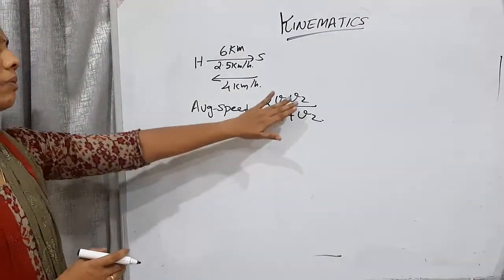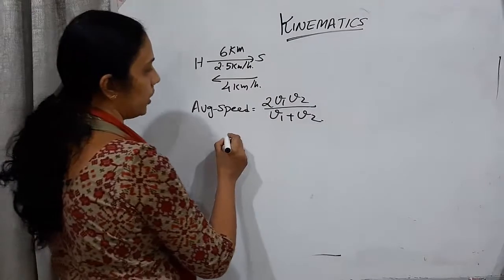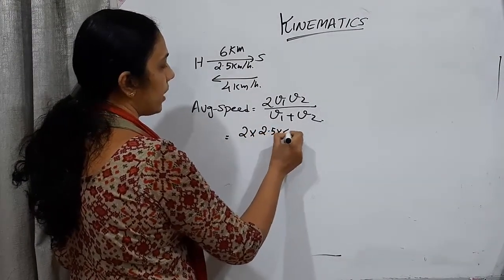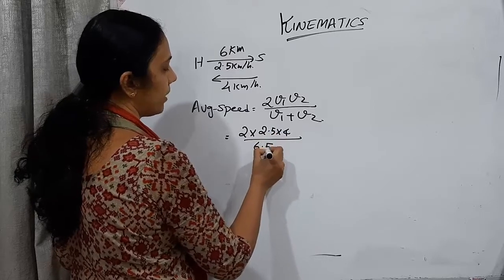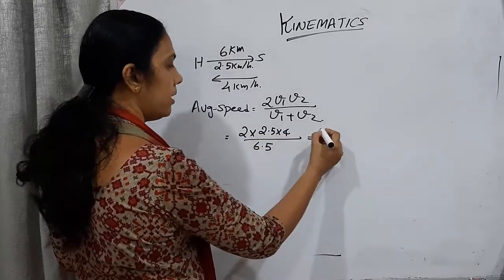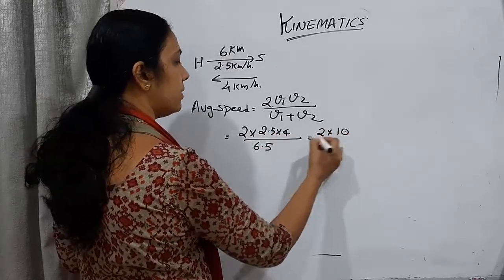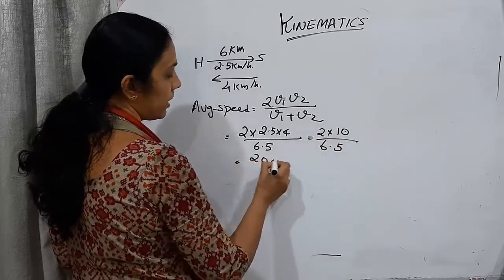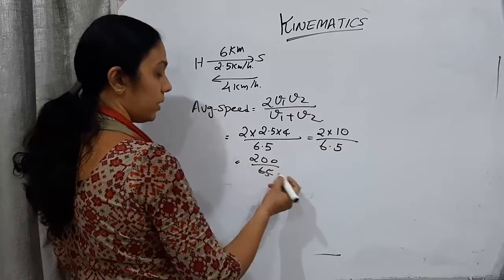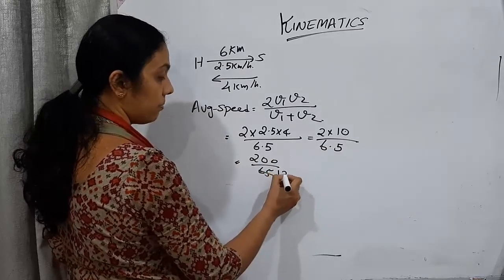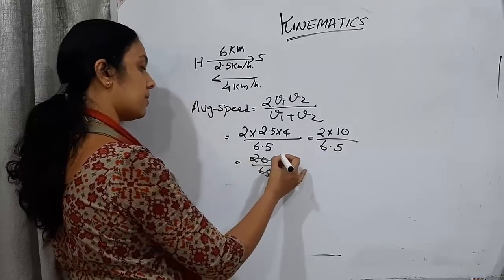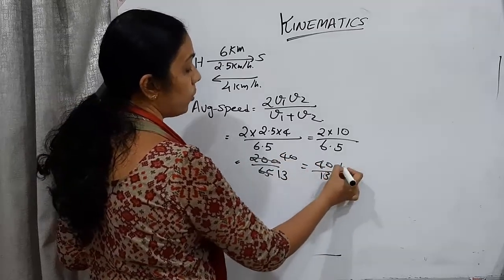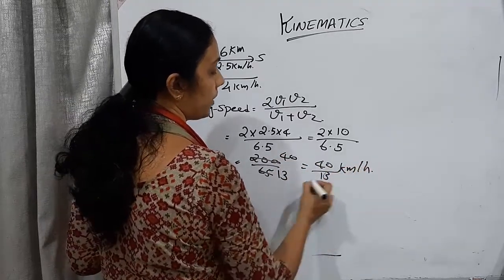Therefore 2 into 2.5 into 4 divided by 6.5. So it will be 2 into 10 divided by 6.5, 200 divided by 65. So here 5 into 13, this is 40 divided by 13 kilometer per hour.